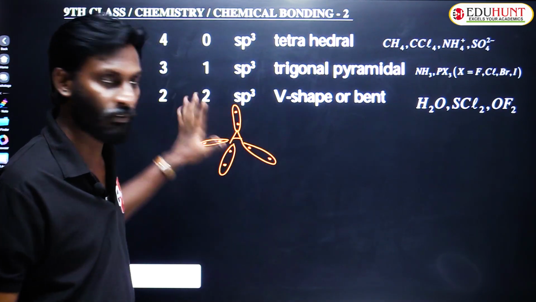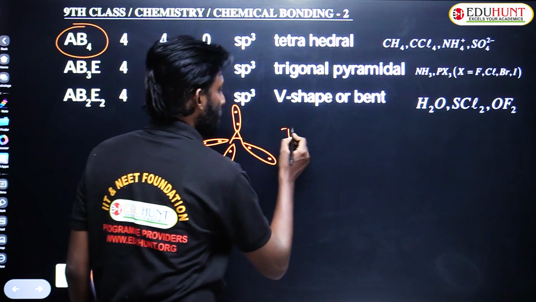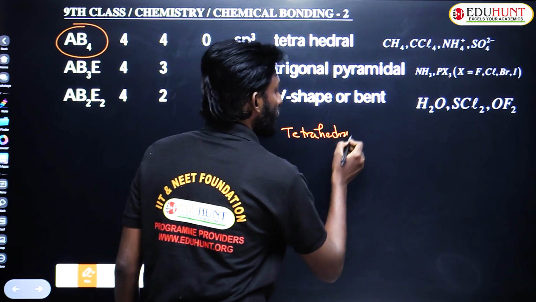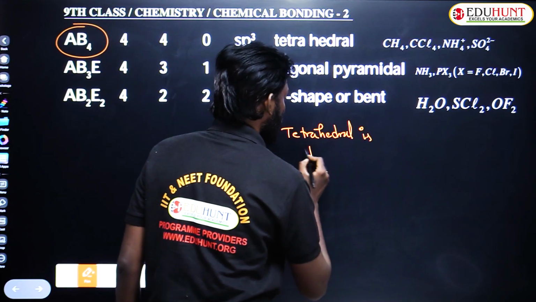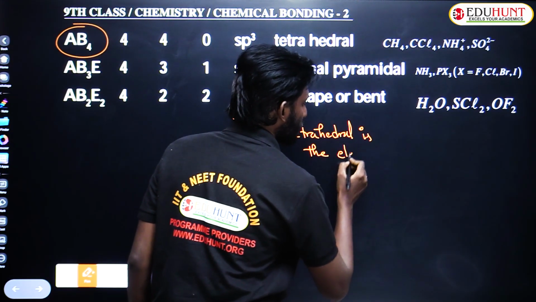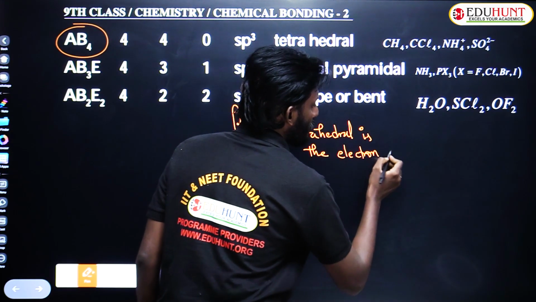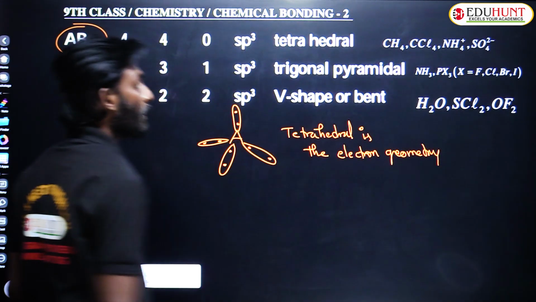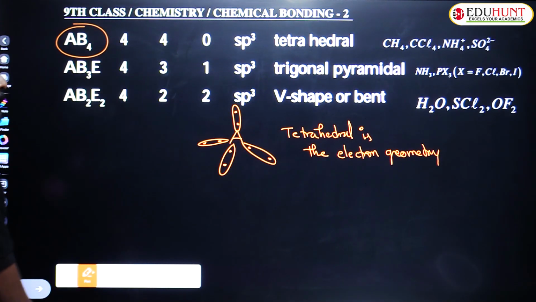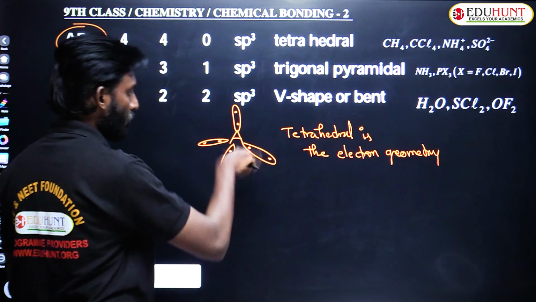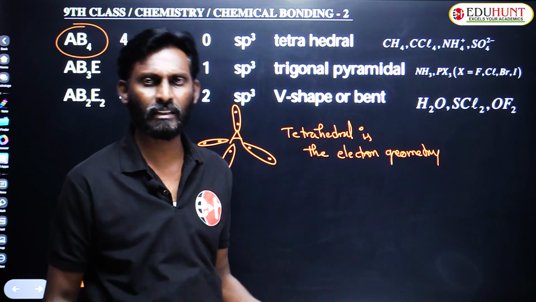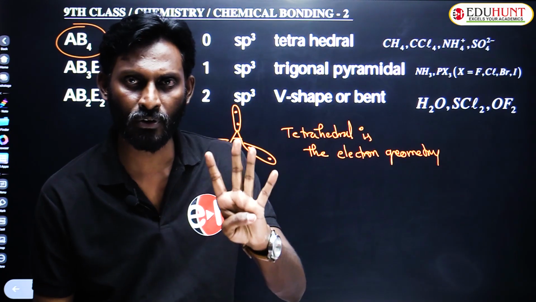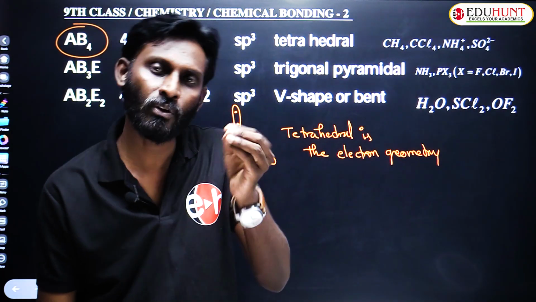Whenever there are 4 pairs, tetrahedral is the electron geometry. And what is going to be the hybridization? 4 pairs, whether they are lone pairs or bond pairs. When you get the steric number 4, the hybridization is going to be sp3.